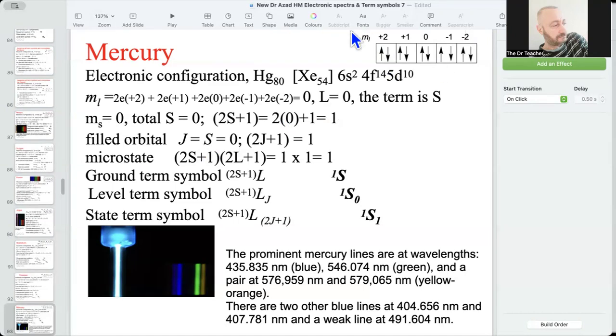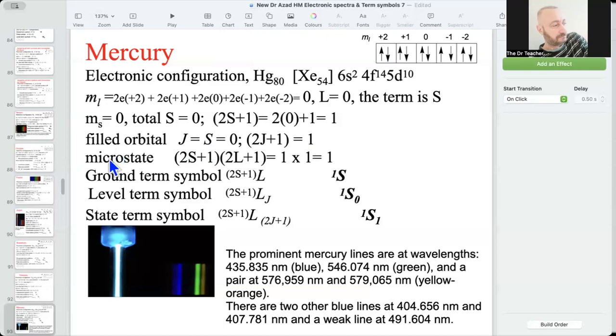Why? Because it's a filled orbital. So J equals S. S is 0, J will become 0. Now 2J plus 1: 2 times 0 plus 1 would be 1. Now we assigned all the values.